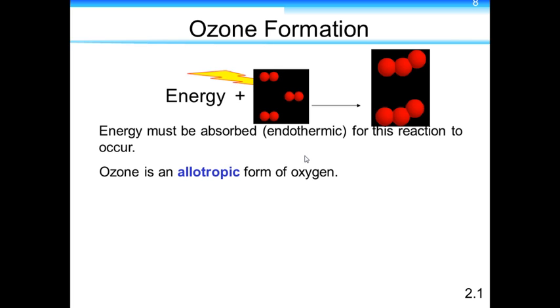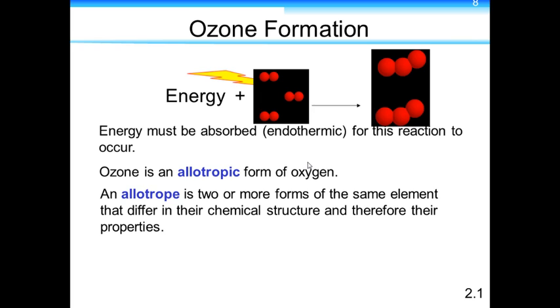Well, that means that oxygen, the atom itself, can form a number of different molecules with only oxygen in that molecule. Okay, so we have O2, we have O3. These are different allotropes of oxygen. Since they have different numbers of atoms of oxygen and different structures, they have different properties.